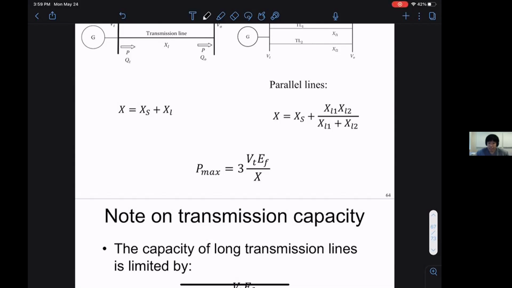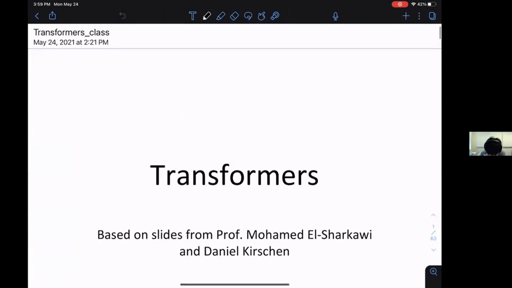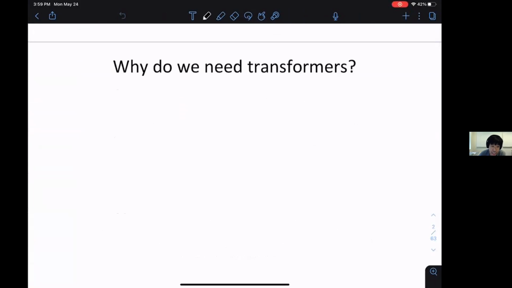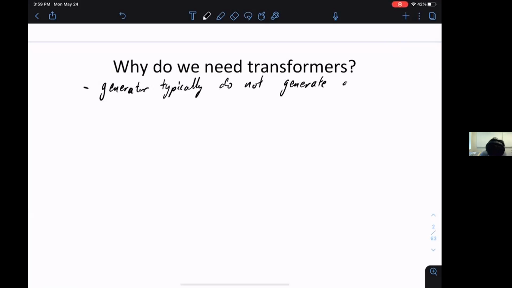Okay, so if no questions, then let's introduce transformers, and we'll get into the equations for them later. But let's just have a look at transformers, right? So this flows naturally from our generators. A generator typically does not generate at a very high voltage.